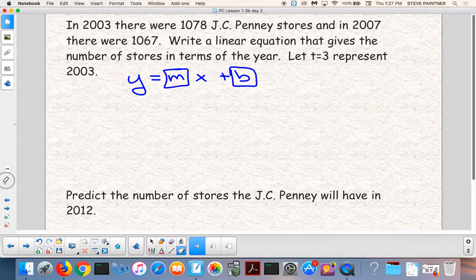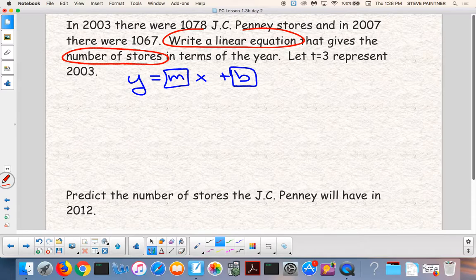In the year 2003, there were what? 1078 JCPenney stores. In 2007, there were 1,067 JCPenney stores. Write a linear equation. Oh, there's what you have to do right here. Write the linear equation that gives the number of stores in terms of what? The year. Okay.